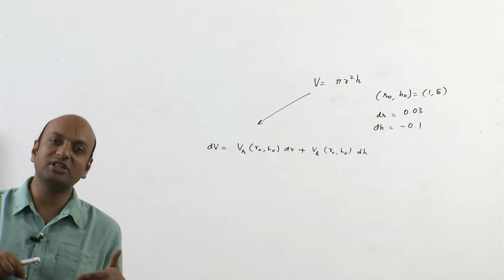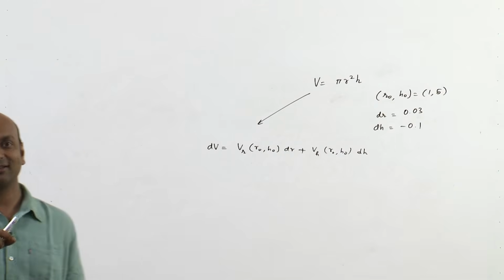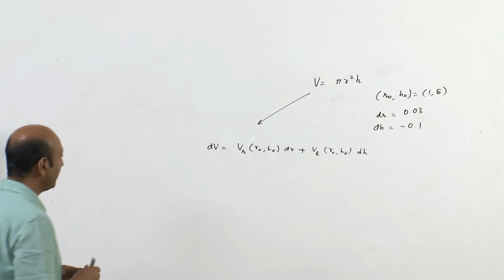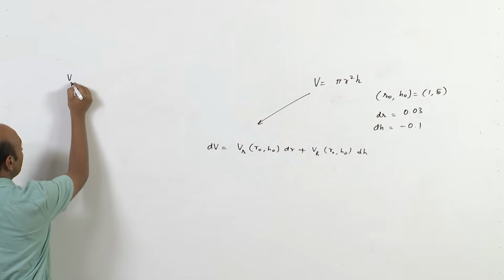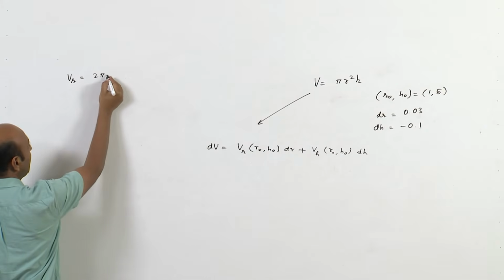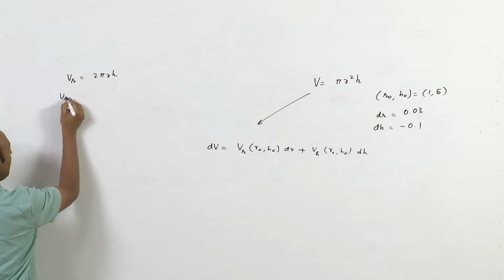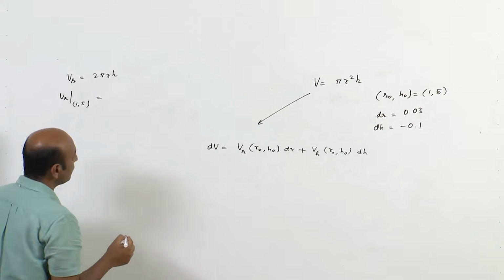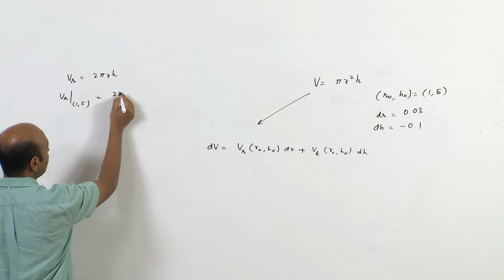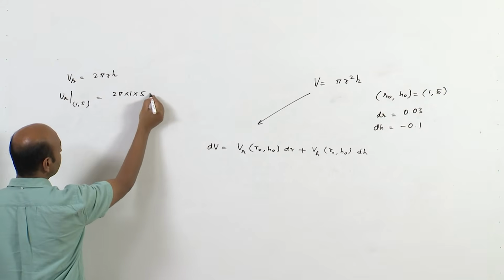So, we have to differentiate partially with respect to r and h only, and the function is V. So, what is Vr? First we find Vr. Vr will be 2 pi r h, and Vr at (1, 5), which is (r naught, h naught), is 2 pi into 1 into 5, which is 10 pi.